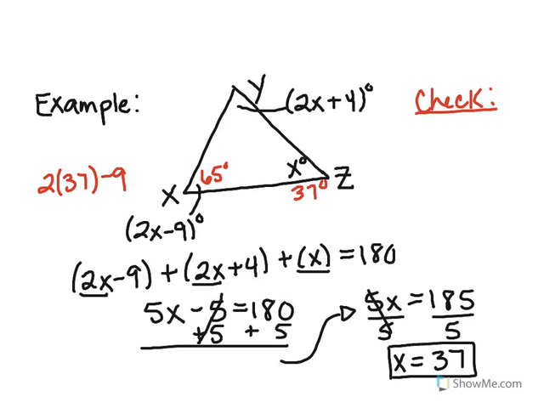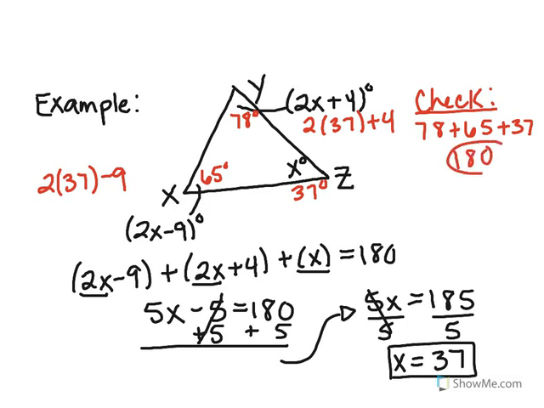And then up here for angle y, this is going to be 2 times 37 plus 4, which is going to be 78. So I'm going to go ahead and calculate that in my calculator. I'm going to do 78 plus 65 plus 37. And if I did this correctly, those three measures should add up to 180, and in fact they do. So that's how I know I did my problem correctly.